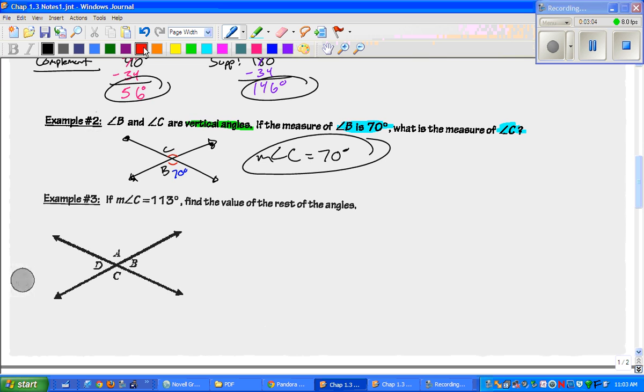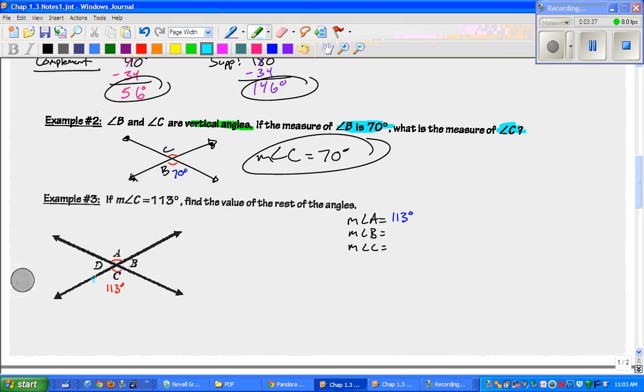Example number 3. It says the measure of angle C is 113 degrees. Find the values of the rest of the angles. So we have to find the measure of angle A, angle B, and angle D. Right away, I know what A is, because A and C are vertical angles. So that means A is 113 degrees.